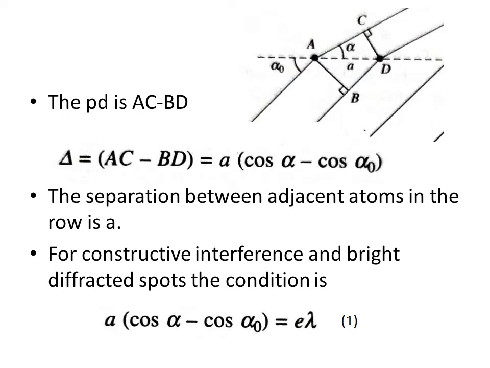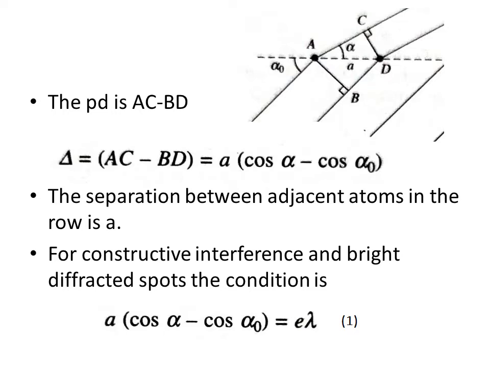Then when you keep on increasing the value of E, you will be able to see, for example, if you compare the values of alpha for a given value of alpha 0, which is the incident wave direction, we will fix it, and for that specific value of incident wave direction, there can be different orders of diffraction.